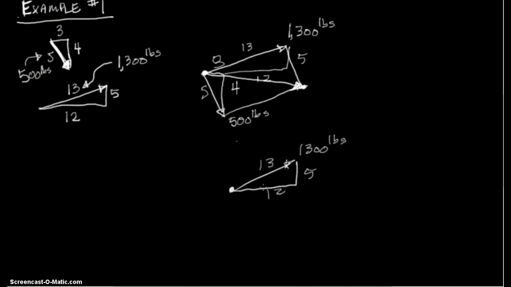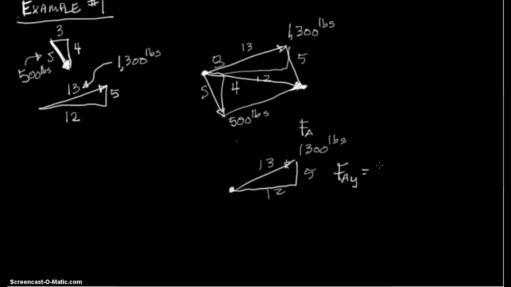What you want to do is break it into components, essentially X and Y components. Let's call this right here force A. Force A in the Y direction equals, well, see how this is 13 and A equals 1,300 pounds, so this will equal 500 pounds.